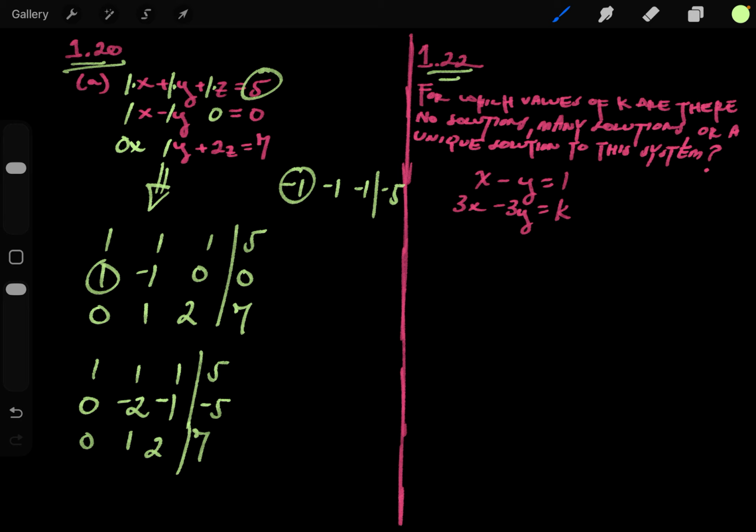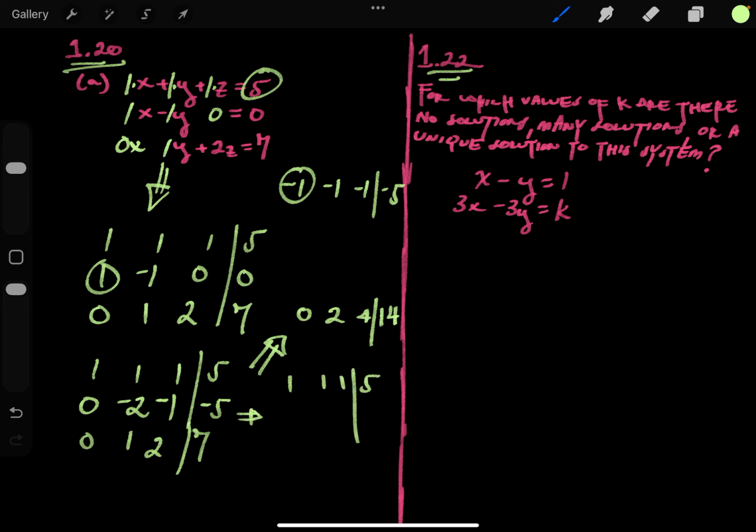And then what I'm going to do is 2 times the third row, and then add it to the second row and then do a row swap from this one. So 2 times the third row, that's going to give me 0, 2, 4, 14. And I'm going to add that to the second row to get 1, 1, 1, 5. That stays the same.